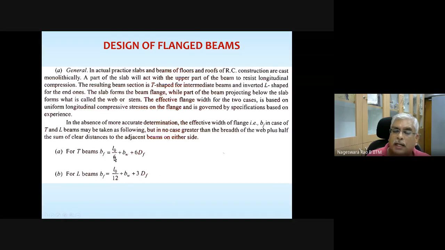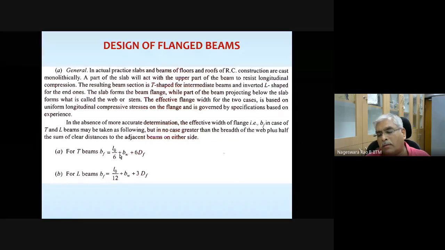And please note that in the design of a flanged section, the flanged section comprises of slab as well as a web portion. Slab is already cast. Let's assume slab thickness and everything is already fixed. So slab thickness DF is fixed.